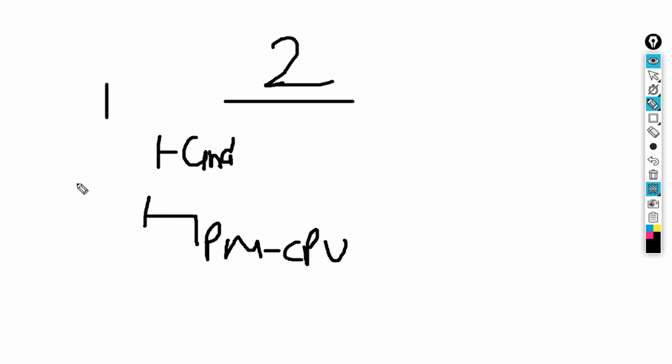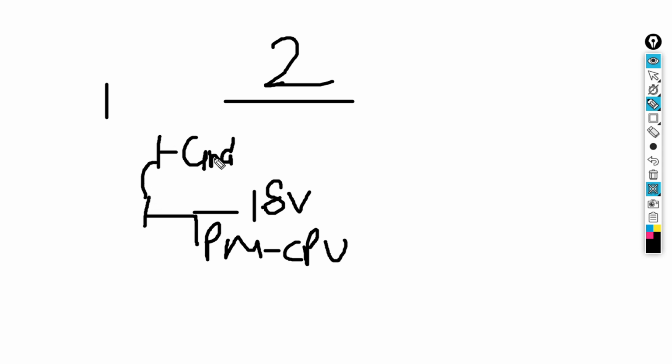Now when you insert the SIM, what happens? This pin is directly attached to the ground in the first scenario, right? Before inserting the SIM, on this line you get, suppose, 1.8 volt. This is ground. Now when you insert the SIM, this line is pushed back and connects with the ground.